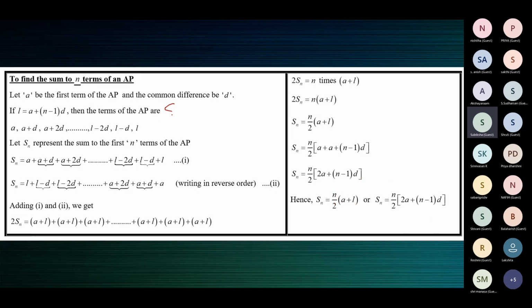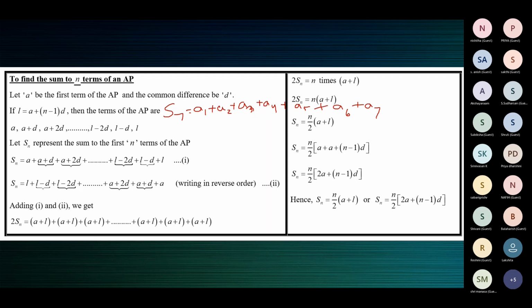If you have to find S7, that means it is A1, the first term, plus the second term, plus the third term, plus the fourth term, plus the fifth term, plus the sixth term, plus the seventh term.